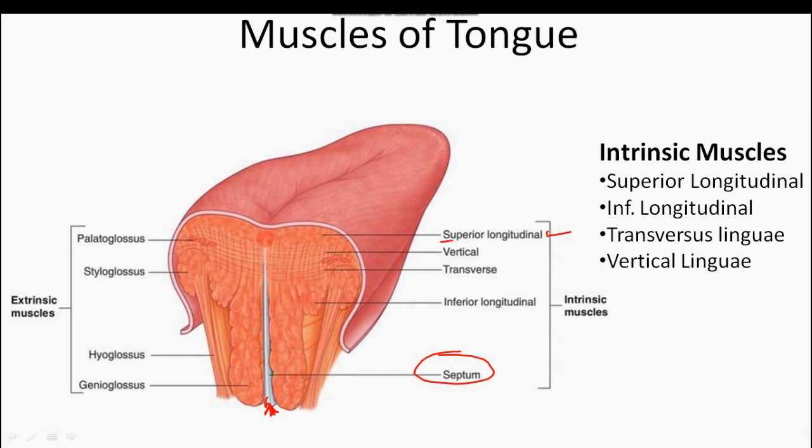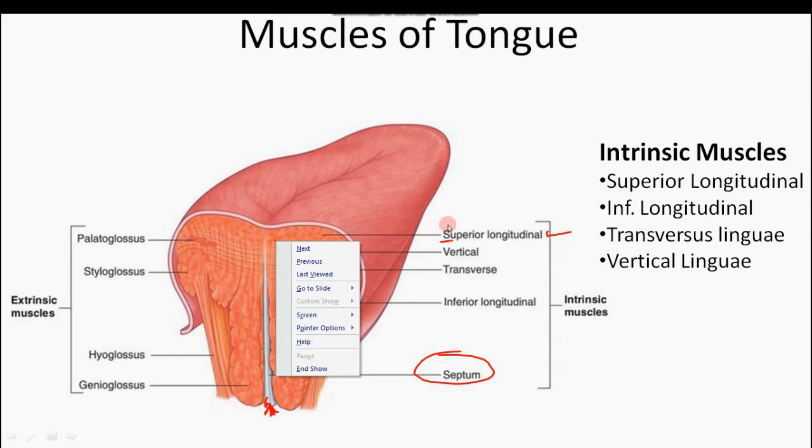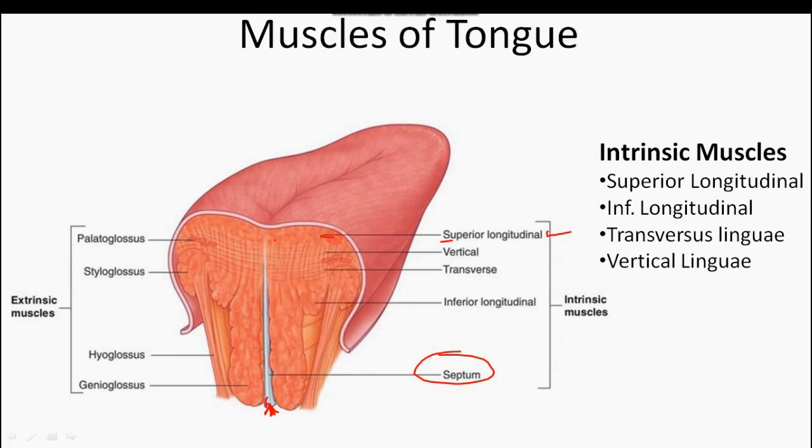And we can see the superior longitudinal muscle fibers move in this direction. First they move laterally, then they move in the forward direction, and get attached on the lateral side, on the side of the tongue.